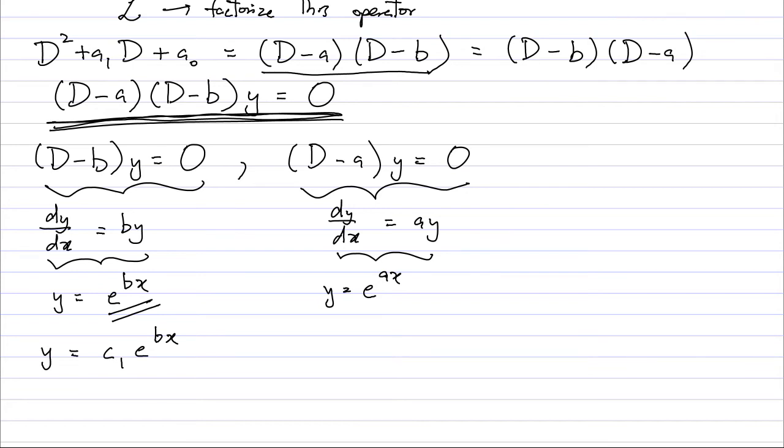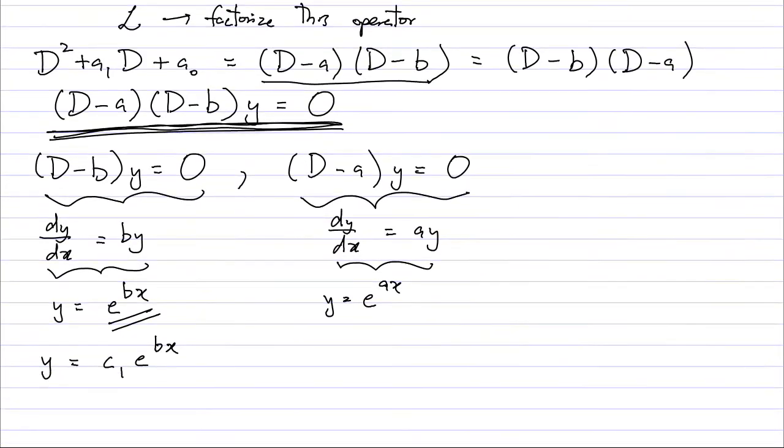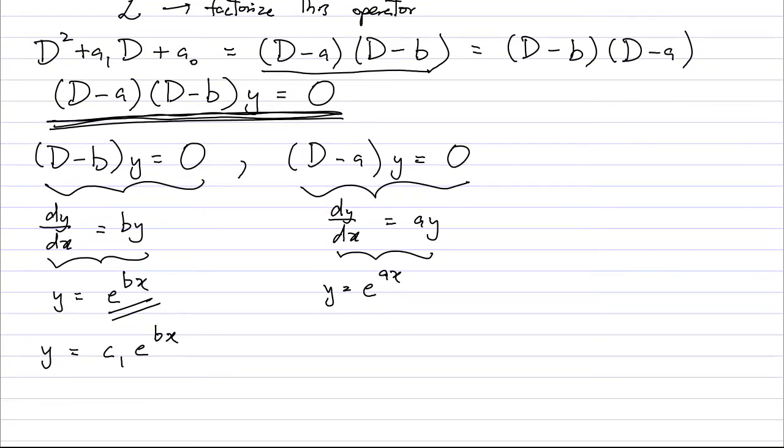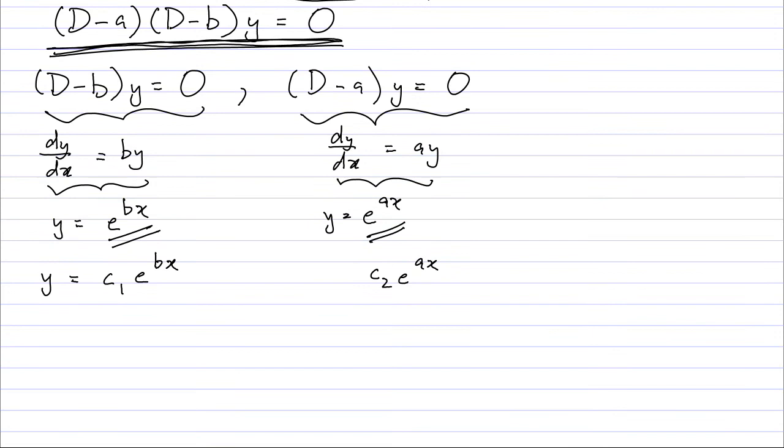You can very easily check that by plugging this back into your original differential equation. Assuming that e raised to power bx is a solution, you're very easily going to find that c1 times e raised to power bx is also a solution. However, since this is a solution as well, then this thing is also a solution. But what about the most general solution? It turns out that the most general solution is a sum of these two solutions.